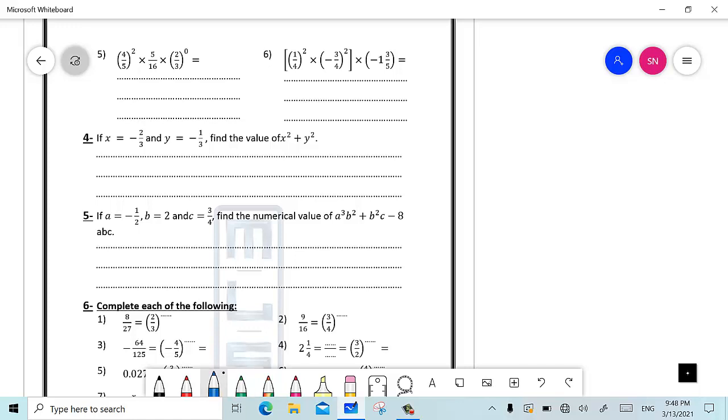It is the same as the ones we did before. Again, I have a rational number 4 over 5 raised to the power of 2. So I'm going to distribute the 2 on the 4 and on the 5.